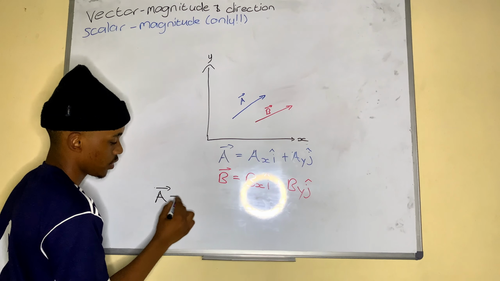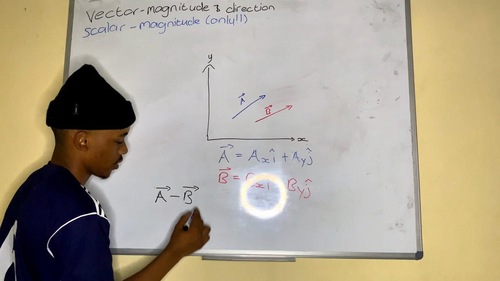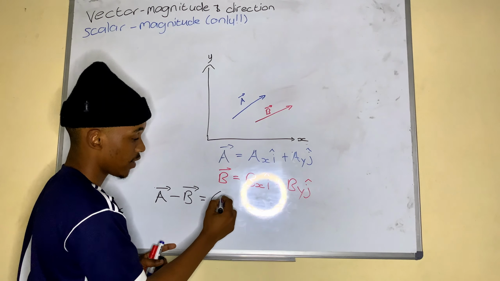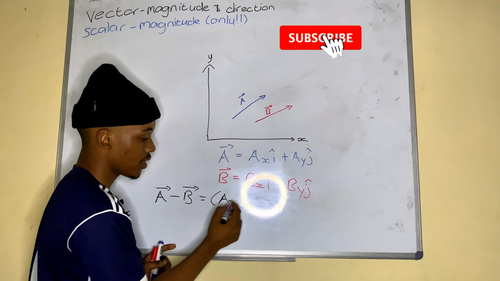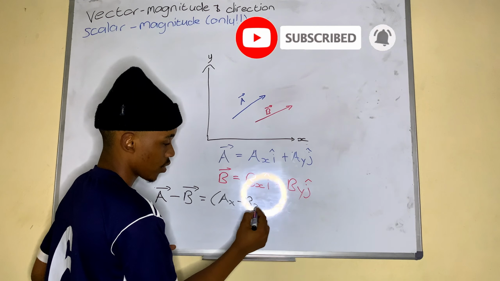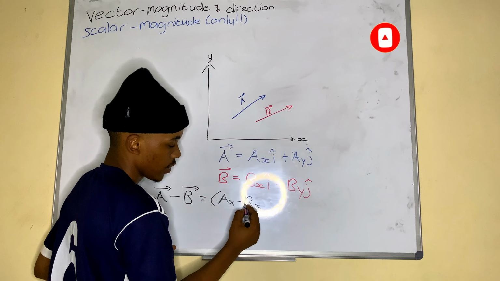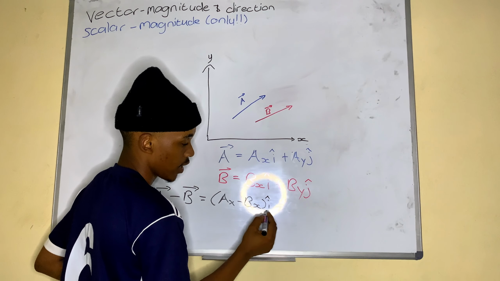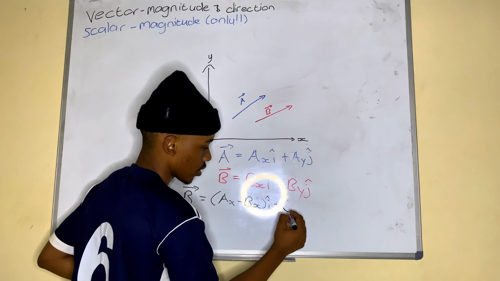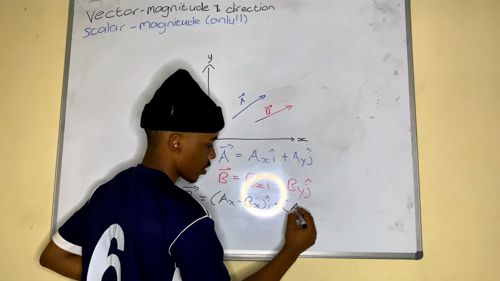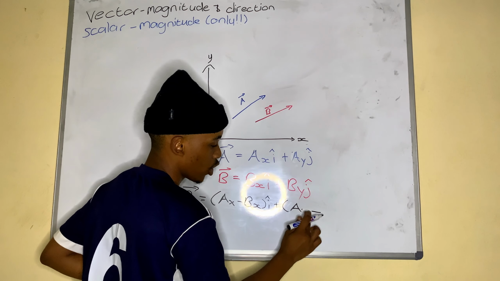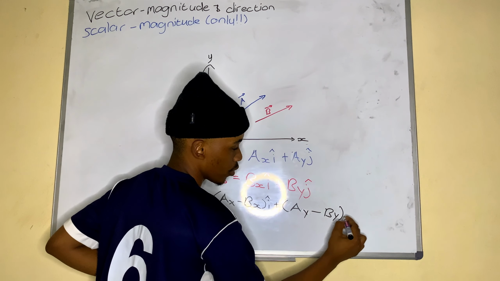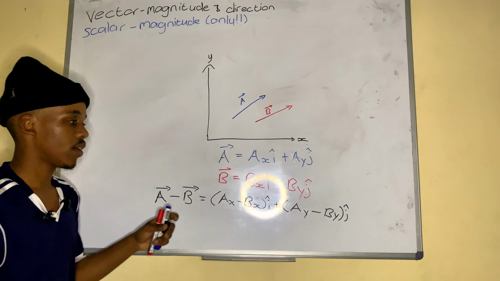And so if we say vector A minus vector B, this means that the x component of vector A will subtract the x component of vector B along the x direction, and we'd have the y component of vector A subtracting the y component of vector B.